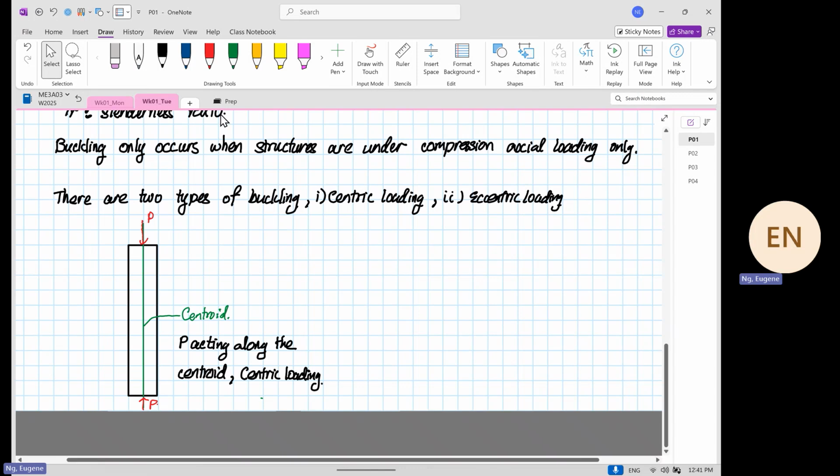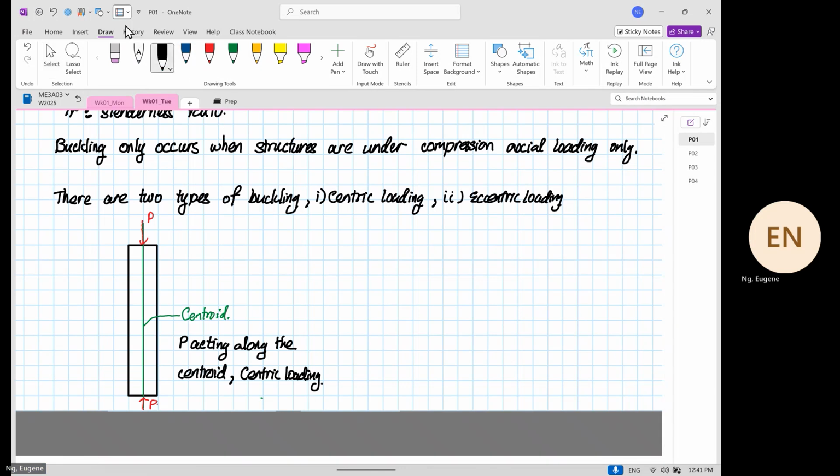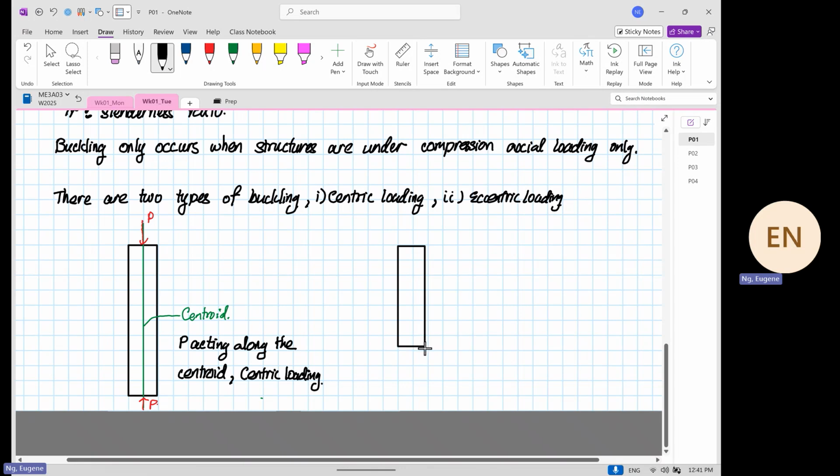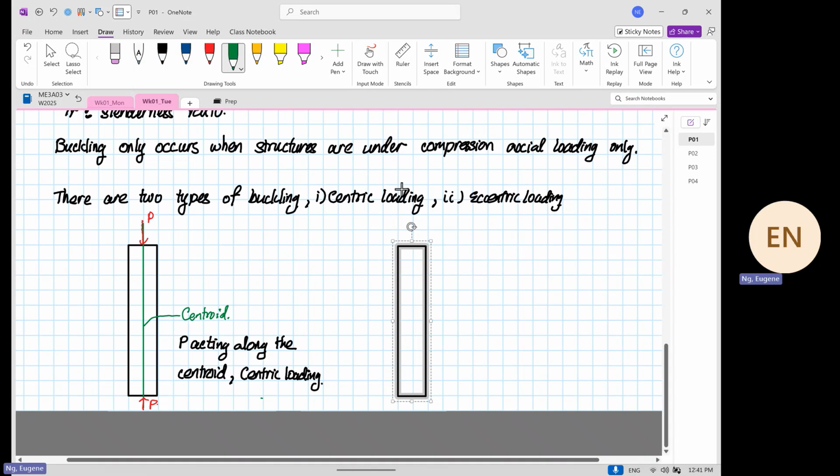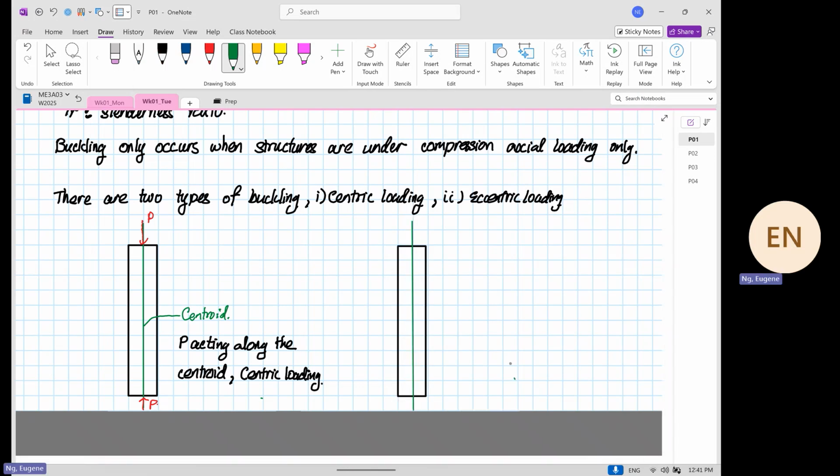Eccentric loading. Again, this is our beam, and the green is our centroid. So what is happening now for this case, you observe P is applied in an offset distance from the centroid.